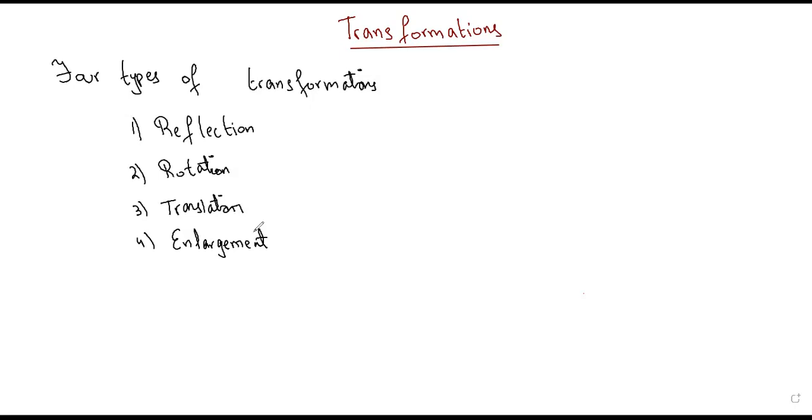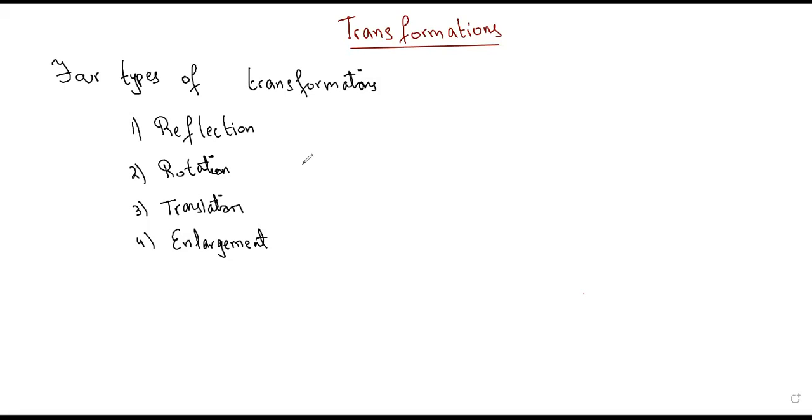things. As I told you earlier, in reflection we would be having a line of reflection. It could be any line. I would discuss that in detail. And the image would be reflected on the other side. In case of rotation, we would be rotating our diagram or object about the center. In case of translation, it would be shifted from one point to another one.